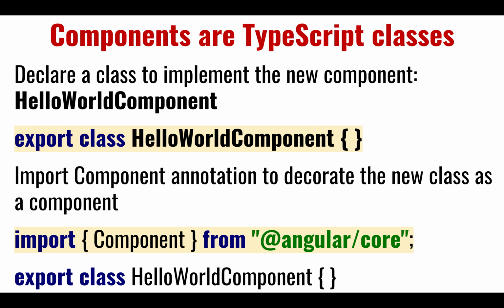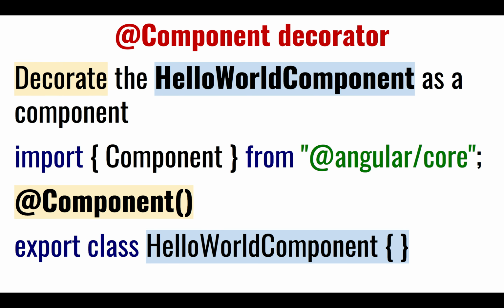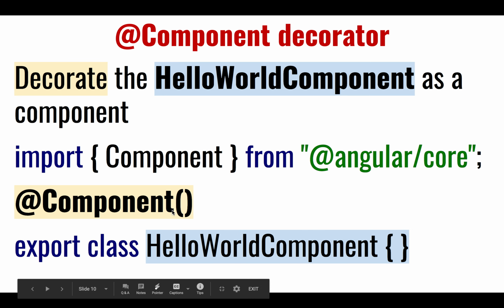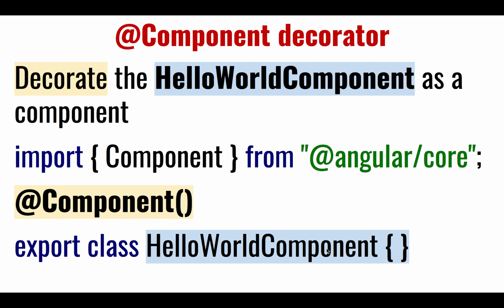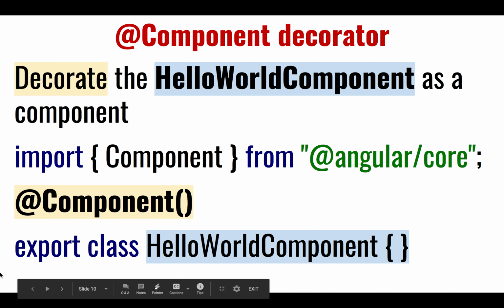And then we can annotate. We can do annotations in TypeScript to tell that this hello world is actually a component. In React, the way we do that is by extends. We extend the React.component, and then we're a component. Here, Angular is heavily using the idea of annotations, using the decorator design pattern.